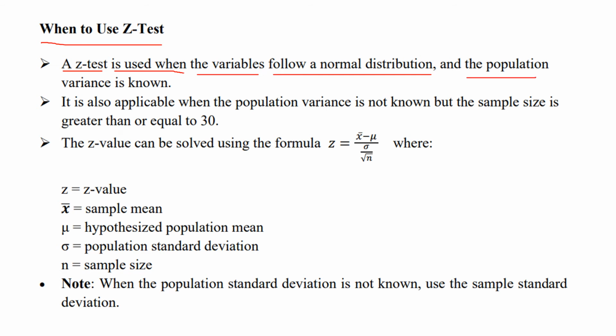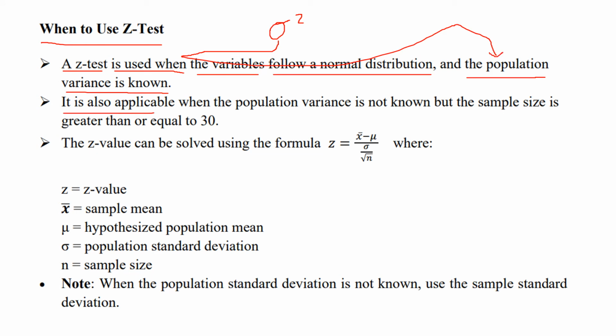And the population variance is known. Your population variance is sigma squared, so we simply use this symbol to represent your population variance.